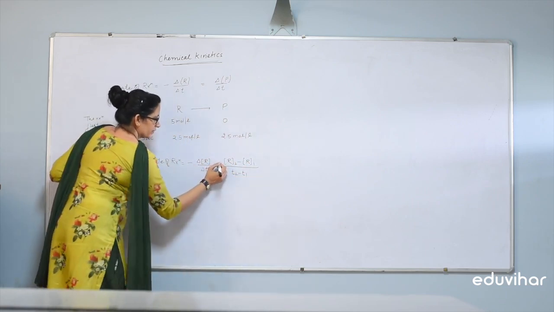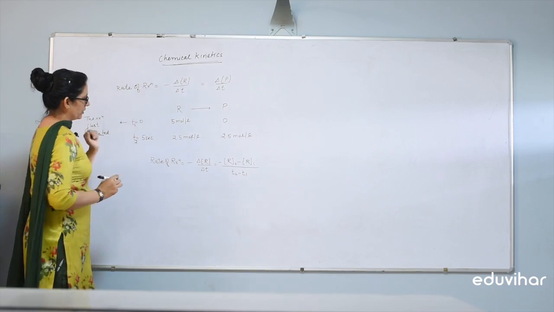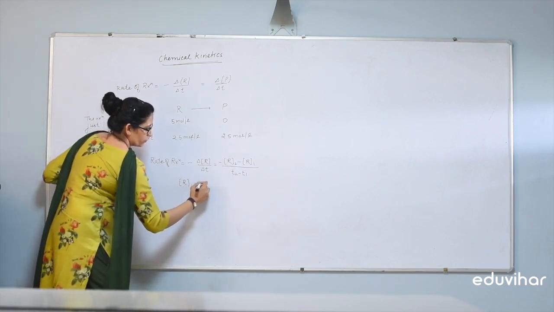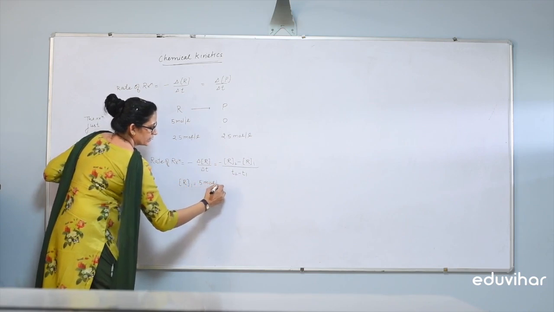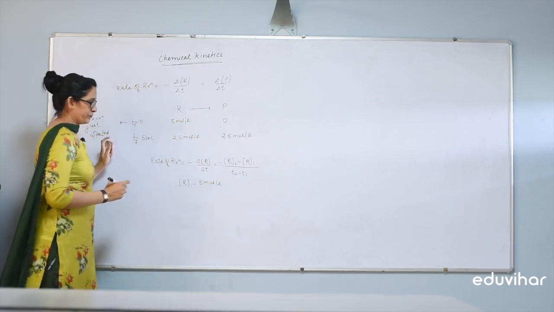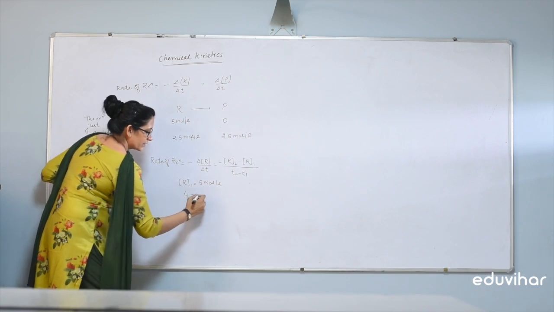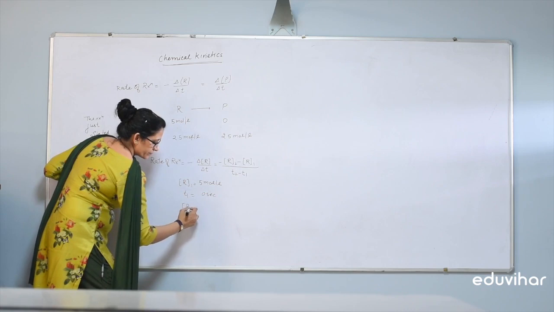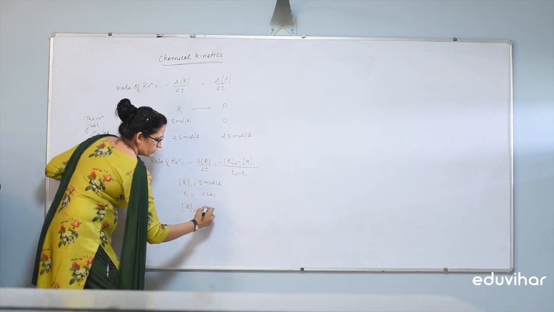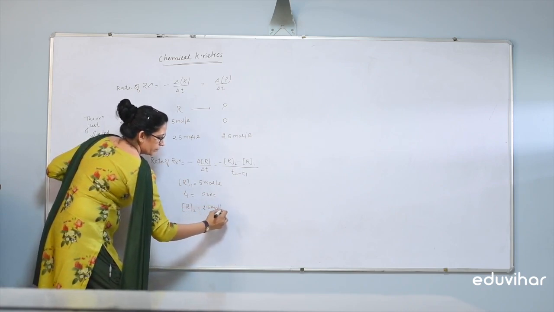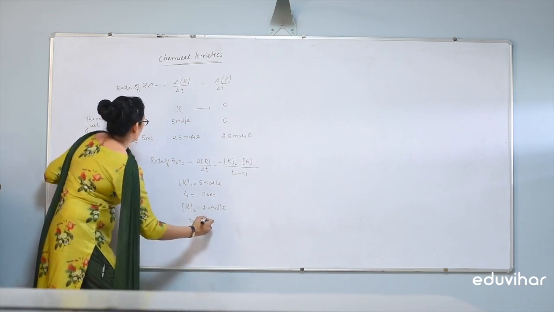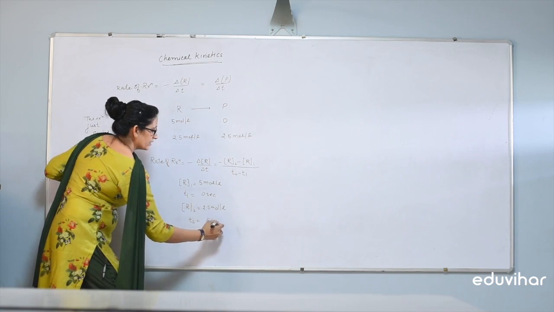The R1, the initial concentration, is equal to 5 mole per liter from the above data, and T1 is 0 second. R2 is 2.5 mole per liter, then T2 is equal to 5 second.